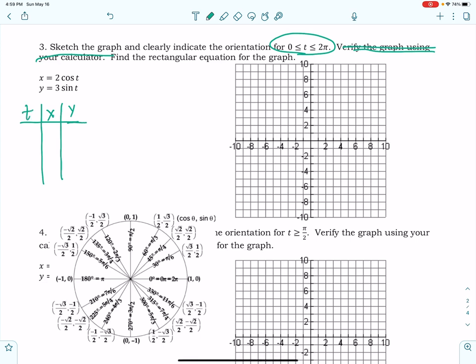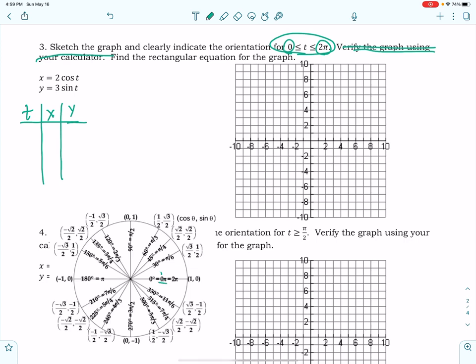So t, notice now, is changing from 0 to 2 pi. So if we look at the unit circle, that means we're going from 0 right here to 2 pi. That just means a rotation around the whole circle. That's what that indicates, okay?